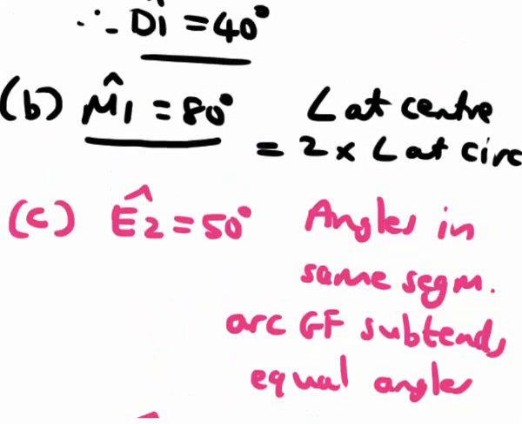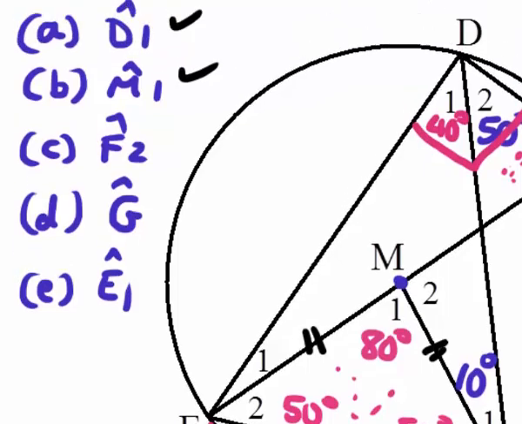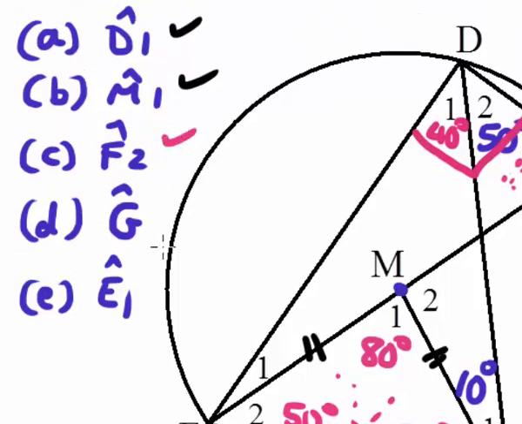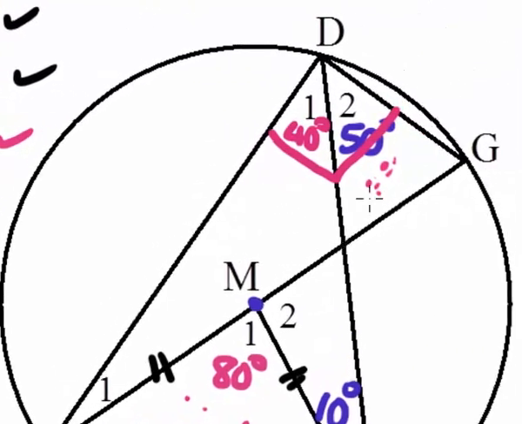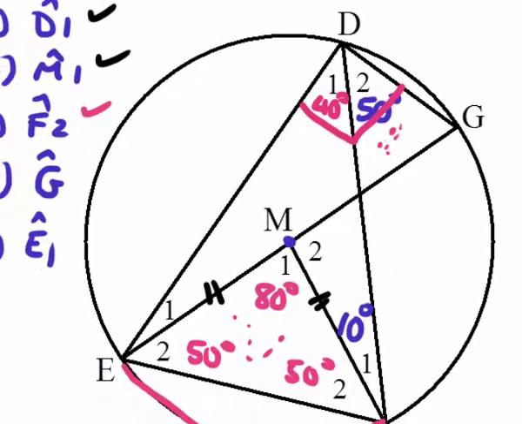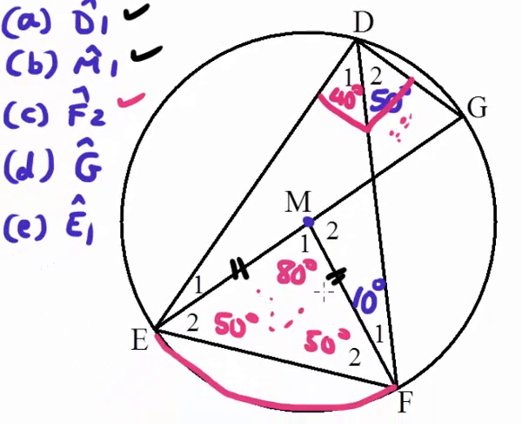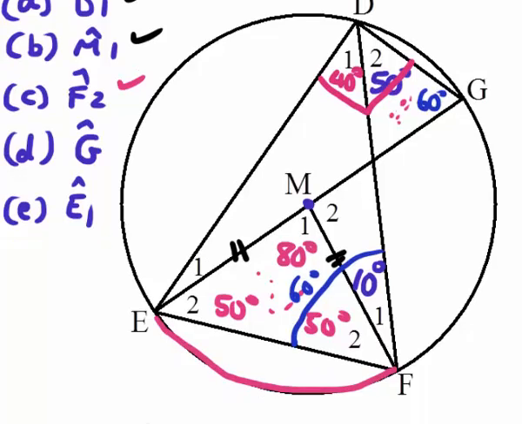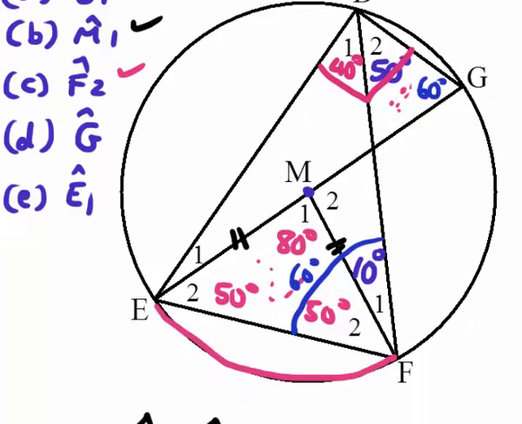That's it. So let's have a look at number D. We've done C. D says, what is angle G? Well, that's very easy. Think about that. This angle is going to be 60 degrees because this is 60 degrees. There's an angle in the same segment. So angle G is going to be angles in the same segment there.